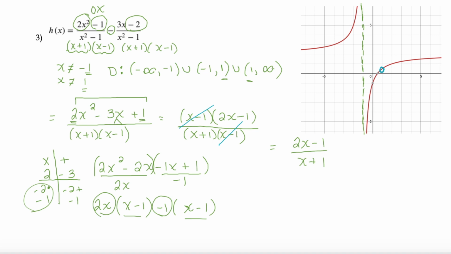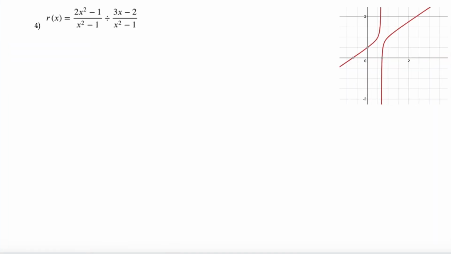So because I canceled it out, that is where that other part of the avoided domain is, because of where we're able to cancel out the common factors. And we'll talk more about that in detail coming up, so don't worry about that, but just showing you where they're coming from. Let's head over to slide 4.